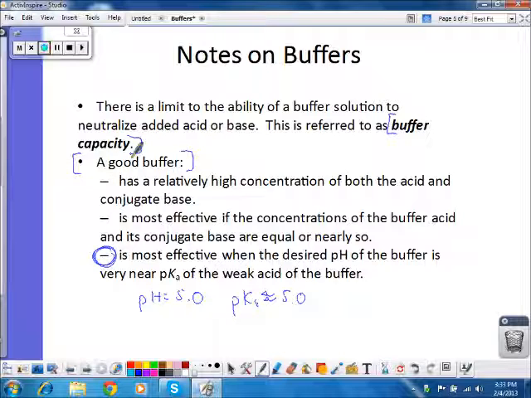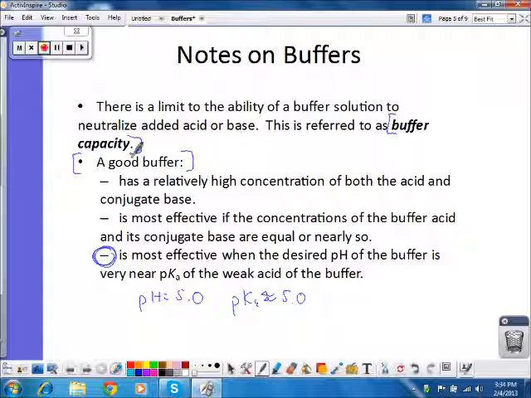Okay, so if you have relatively high concentrations of the acid and the conjugate base, you are increasing the buffer capacity. If the conjugate acid and base are nearly equal in concentration, you are increasing the buffer capacity.